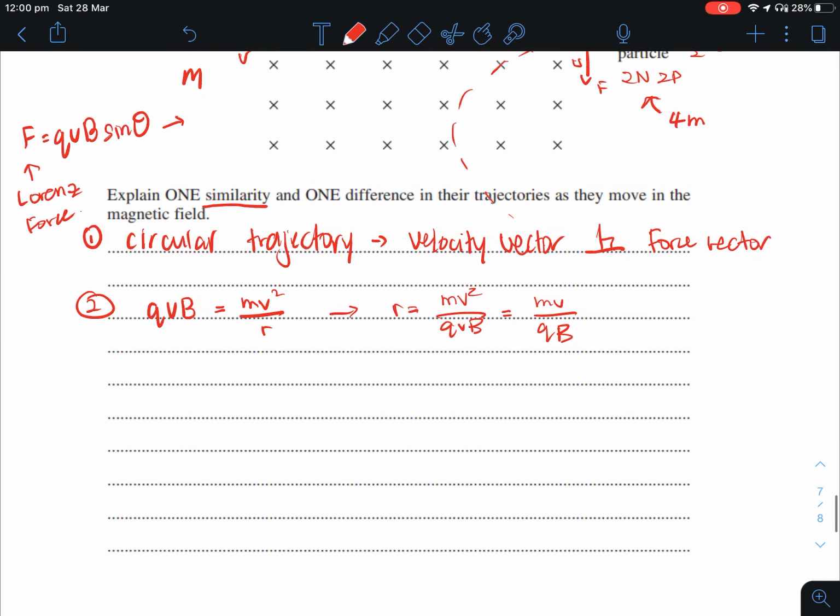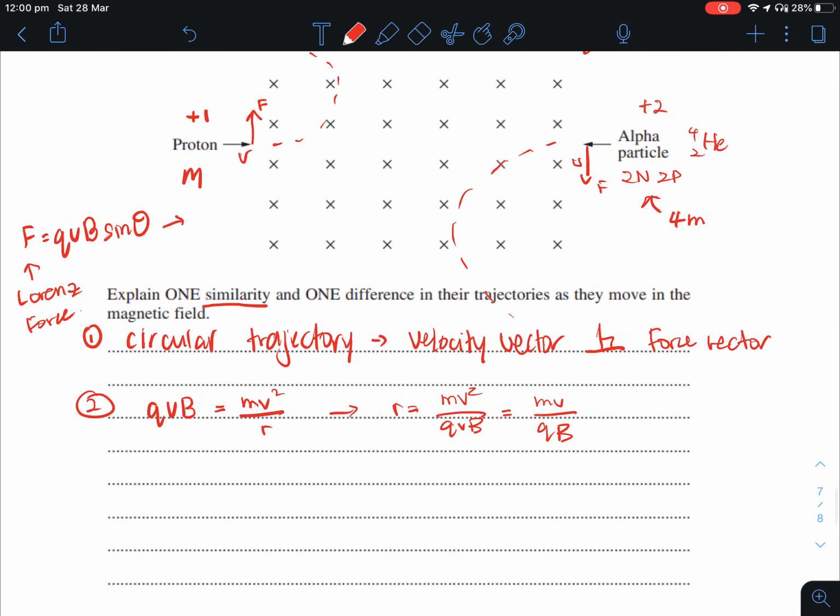And so we notice that for the proton it's just going to be this, because m is m and q is q. q is just plus 1, right? But for the alpha particle, m is now replaced with 4m, v is the same, q is going to be replaced with 2q, and B is the same. And so suddenly we get 2 of mv over qB. Okay, so the radius is double that of r.